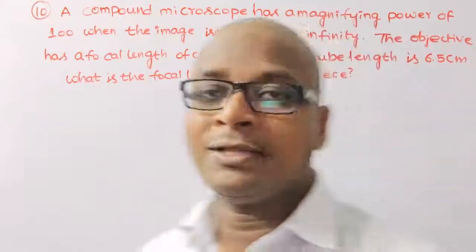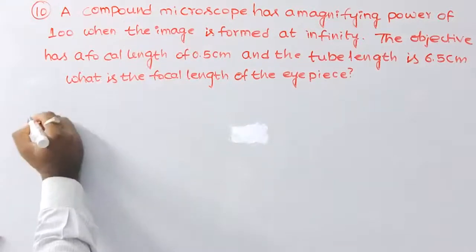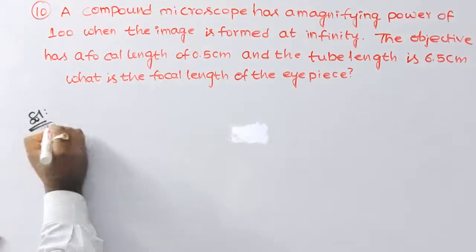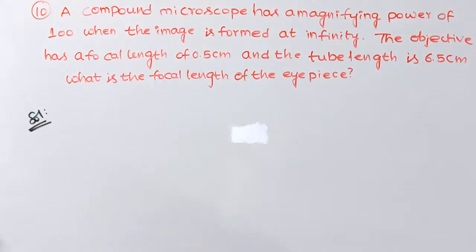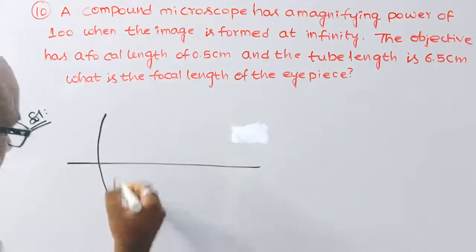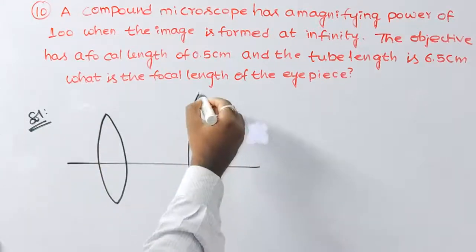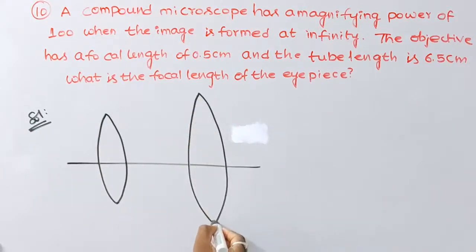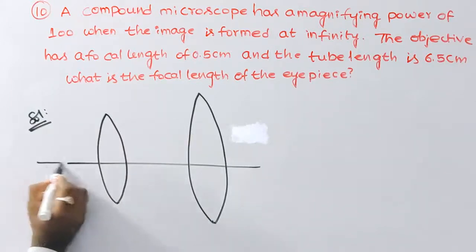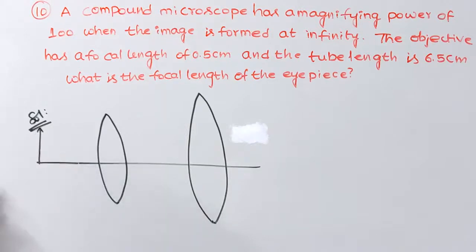Okay, first let us draw the rough diagram of this compound microscope, students. Objective and eyepiece. Okay, in this way, this is the diagram. The object is situated at one end.